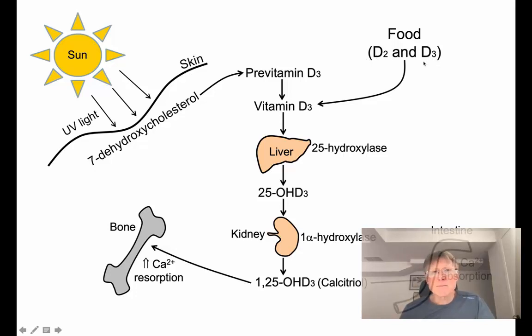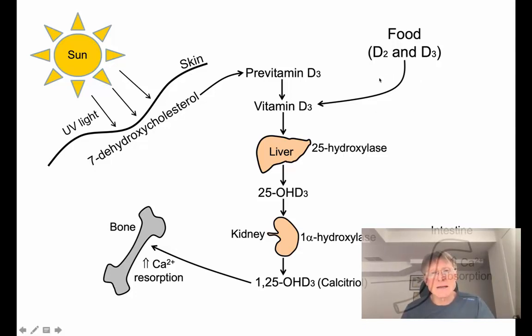So this pre-vitamin D3 that is formed in your skin becomes vitamin D3. There is an additional step that occurs in your blood that converts it into vitamin D3. Now, vitamin D3 has to undergo important hydroxylation steps, because the vitamin D that we take from the diet is not active.